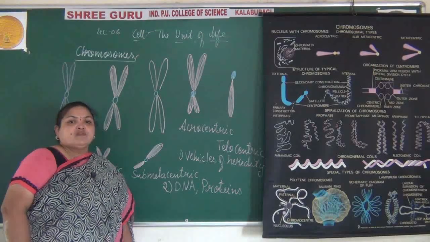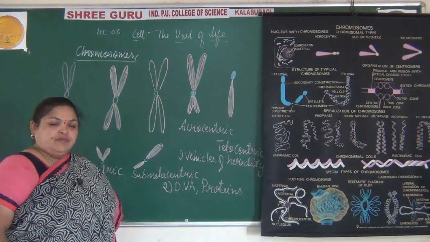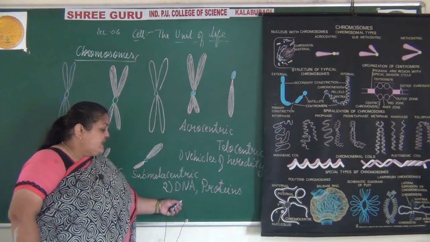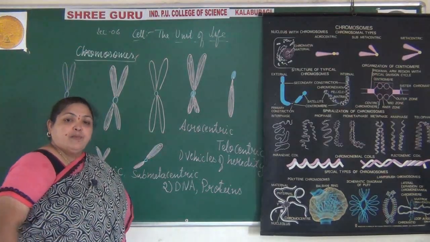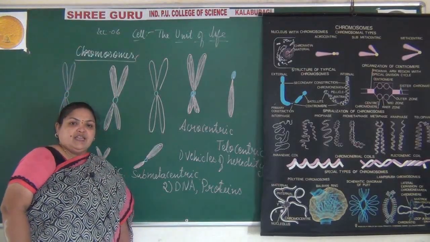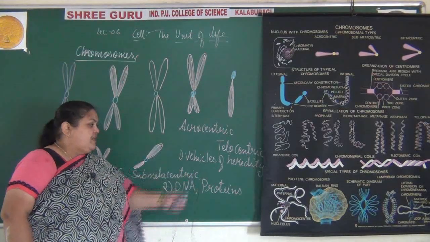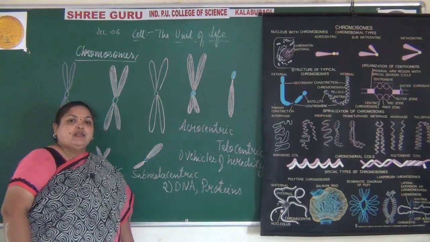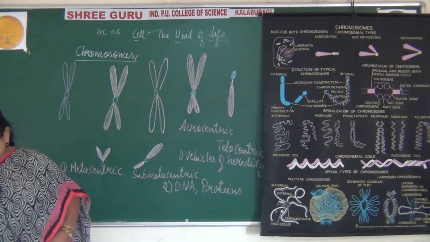During the process of cell division, these chromosomes are very much active during all the stages of cell division. They are involved in the process of many components of the cells. The main components are the DNA and the proteins. So the chromosomes, apart from carrying the hereditary characters, are also helping in the synthesis of the DNA and the proteins.